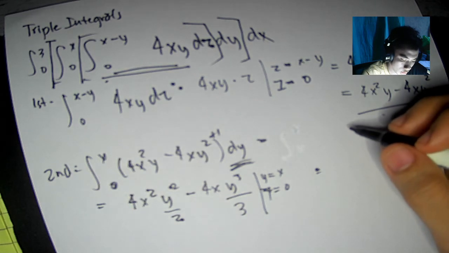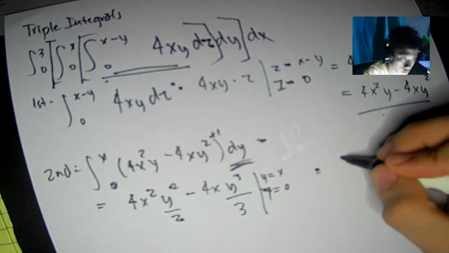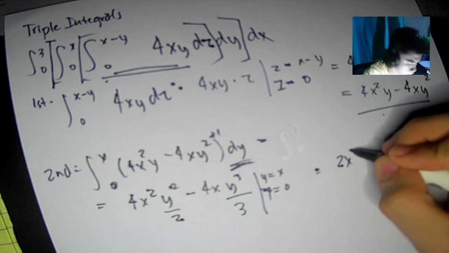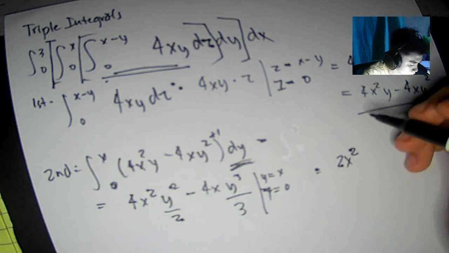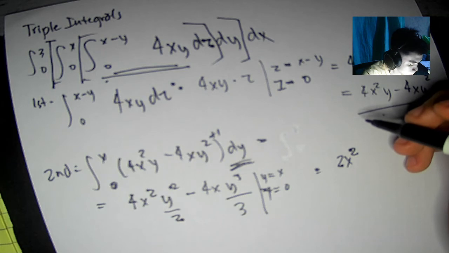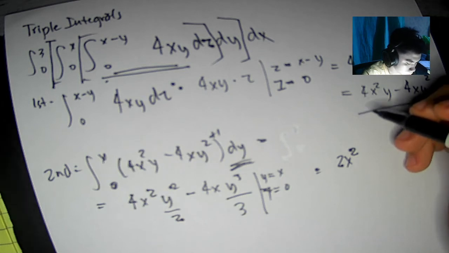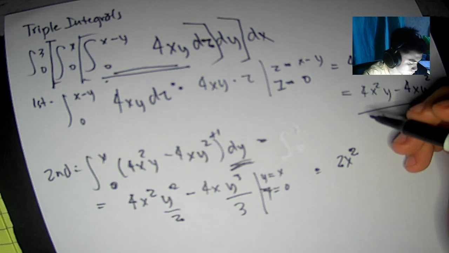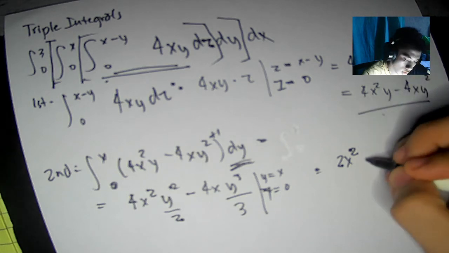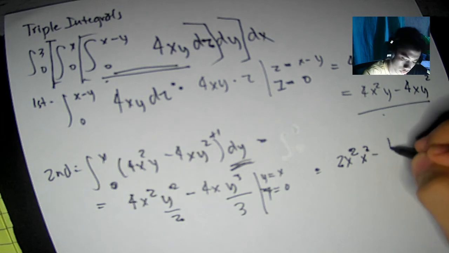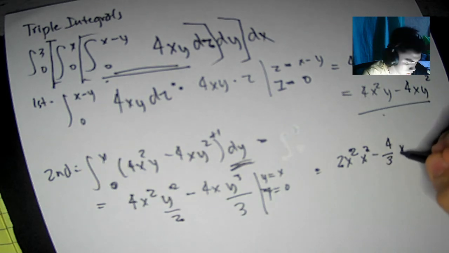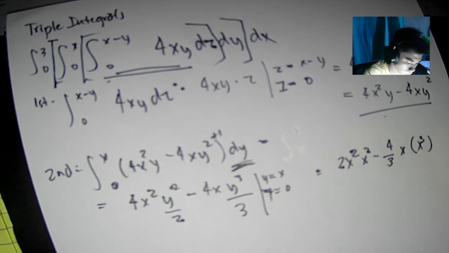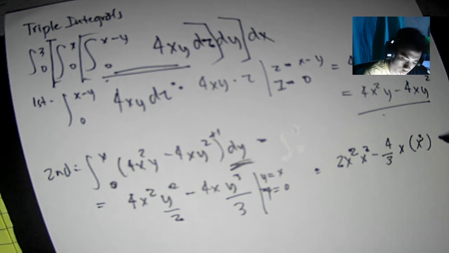we're combining what? So you'll have 2x squared, x squared, another x squared, minus 4 over 3 x cubed, minus 0.